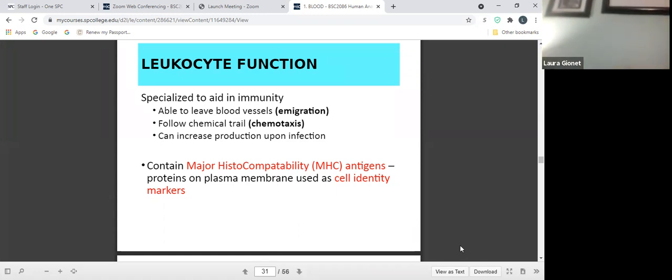They sit there and monitor for different microbes to invade the body and detect their presence. So they're specialized to aid in immunity. They're able to leave blood vessels, called emigration or diapedesis. They're capable of following chemical trails called chemotaxis, and they can increase production upon infection.